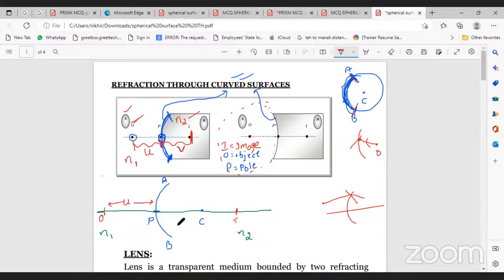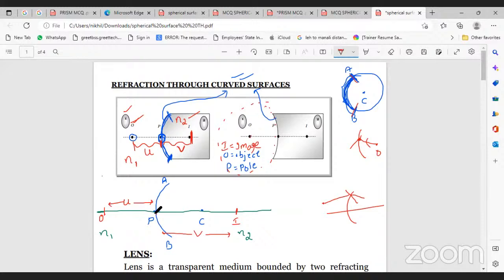Dhanalakshmi, can you tell me what is the distance from pole to image? Image distance, represented by V. Ajay, what is the distance from pole to center of curvature called?